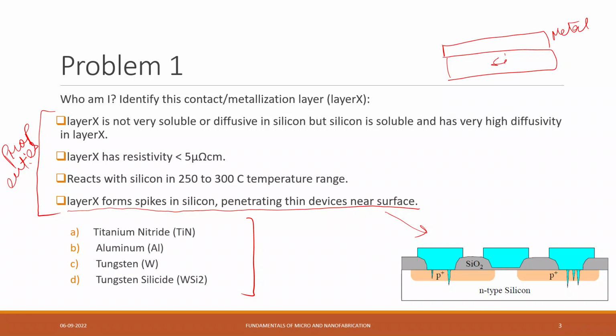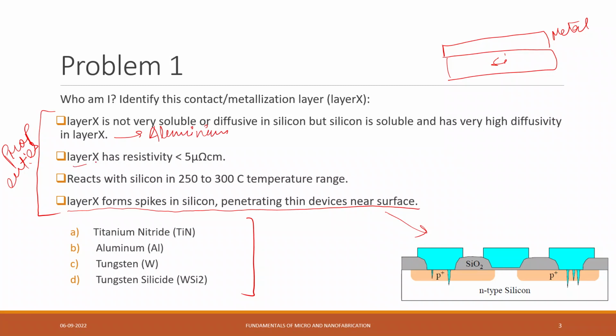In layer X, this case with aluminum is one of the important ones. Aluminum doesn't diffuse much into silicon at the rate silicon dissolves into aluminum. Aluminum diffusivity in silicon is very low, but the vice versa is very high.